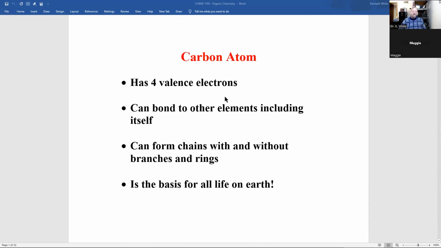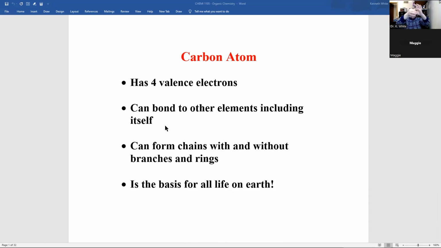Now, the most important thing about carbon, which you learn, is that it has 4 valence electrons. And it can bond to other elements, and this is very rare, including itself. Now, that alone isn't that rare, but the next point is carbon atoms can form chains like I wear around my neck, or my jewelry chain, or bicycle chains.